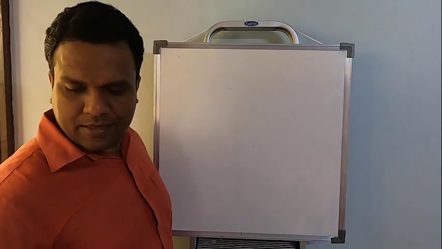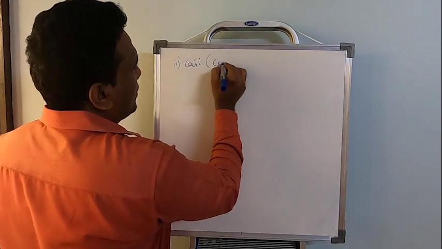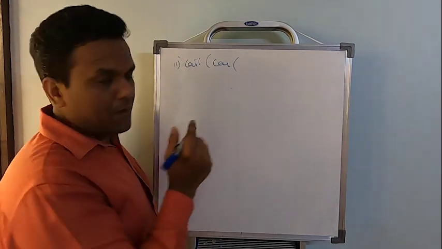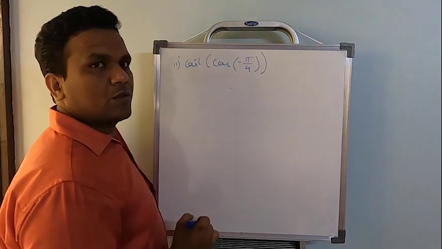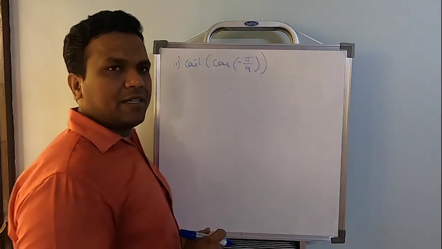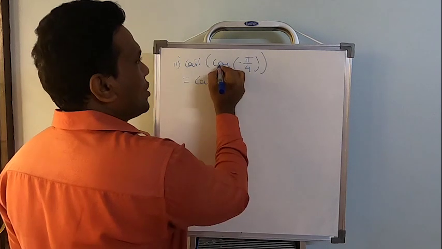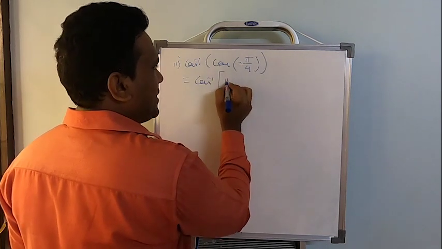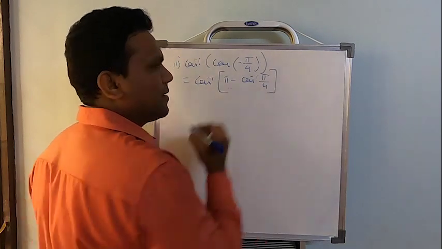Let's go to the second. The second problem is cos inverse of cos of minus pi by 4. So don't start anything before simplifying the negative sign. Cos of minus theta is cos theta, that's correct, right?